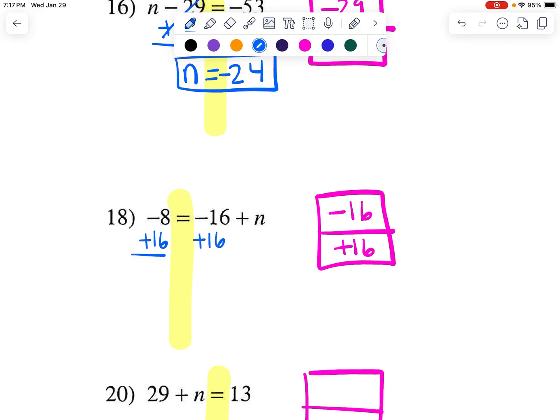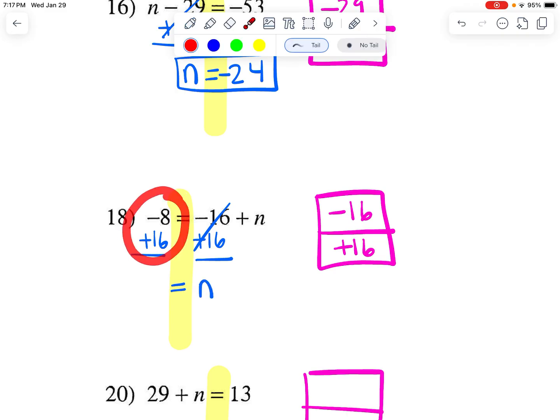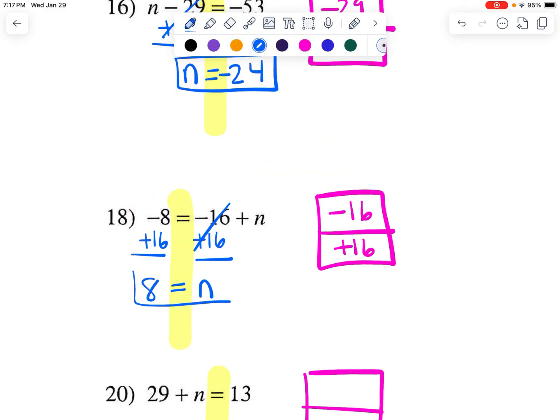So we add 16 to both sides. See the minus plus, plus minus? 0, gone. So negative 8 plus 16. That's subtract those two numbers and you have more positive. So n is equal to 8.